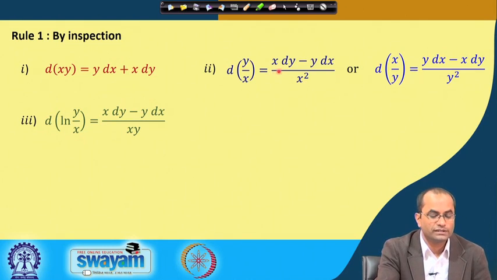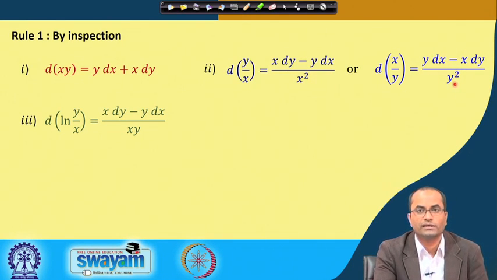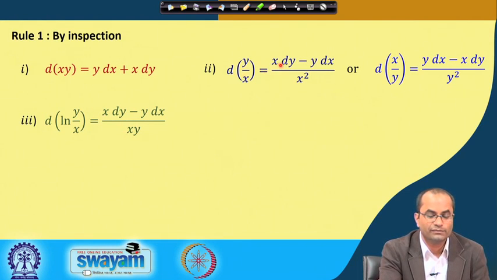Instead of x square or y square in the denominator, for example, x y is given. So again we have the same expression, (x dy minus y dx) over x y.